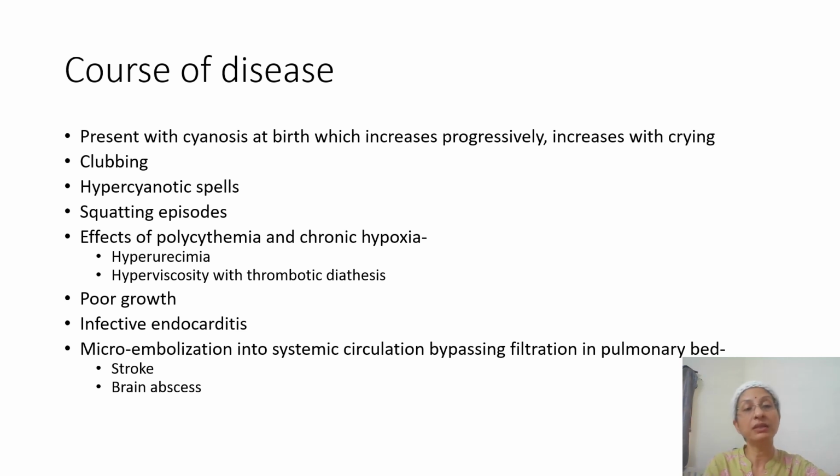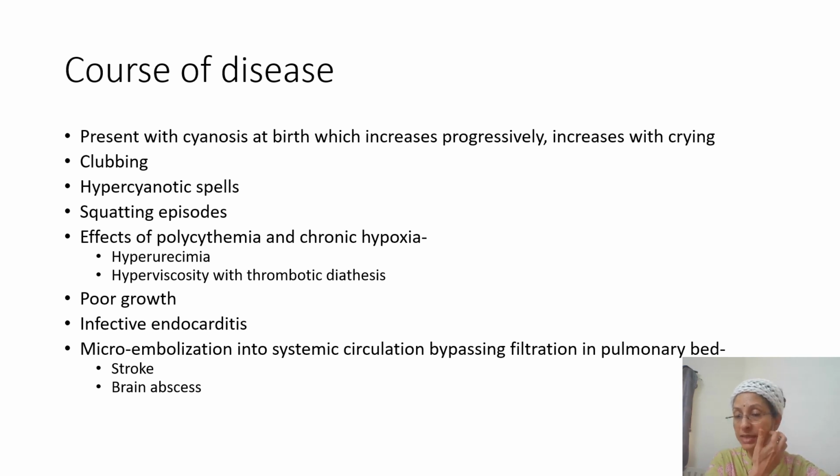These are two common symptoms associated with each other for various physiological reasons that we already know. Third, hypercyanotic spells are characteristic of tetralogy of Fallot. We'll come to that in detail. Fourth is squatting episodes.